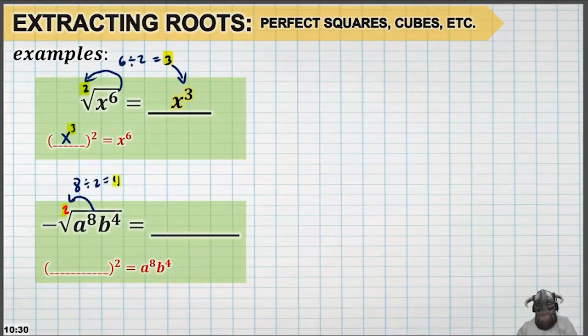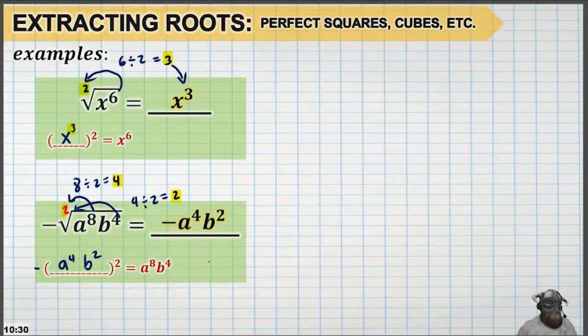So we have, lagay lang muna natin negative sa labas. So, a raised to 4. Then, ito namang 4, di-divide sa 2. Then, 4 divided by 2. So, we have 2. So, b raised to 2. So, our final answer is negative a raised to 4, b raised to 2. Very good, Darren, Mervin, Jerome, and Jeneline.